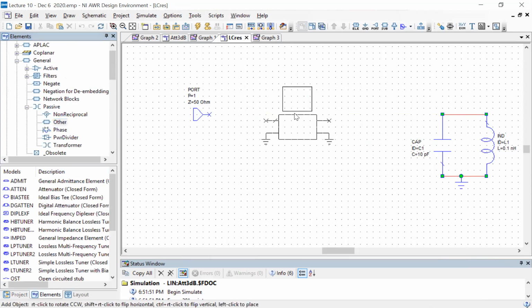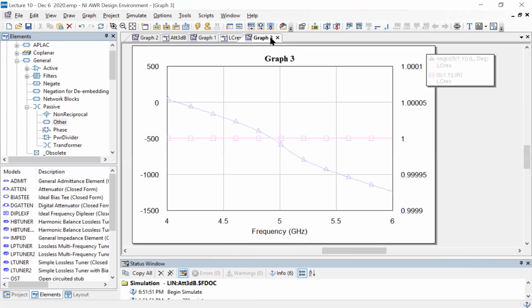So if I have an attenuator, so this is a 3 dB attenuator in a 50 ohm system. And this attenuation could represent the attenuation of the cable connecting your network analyzer to your device. It often happens. Then what happens to the reflection coefficient?